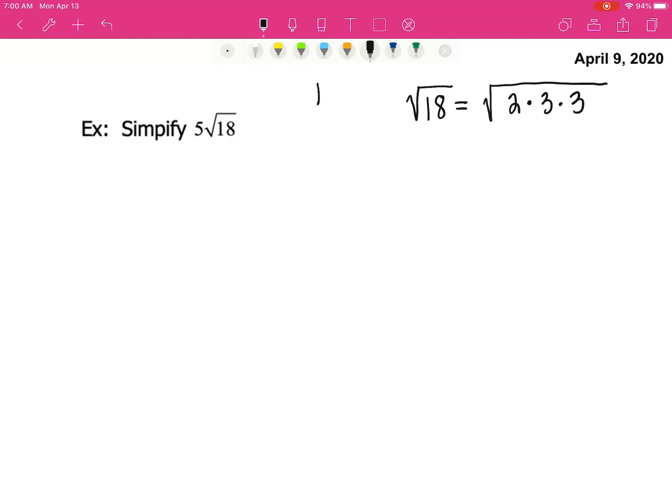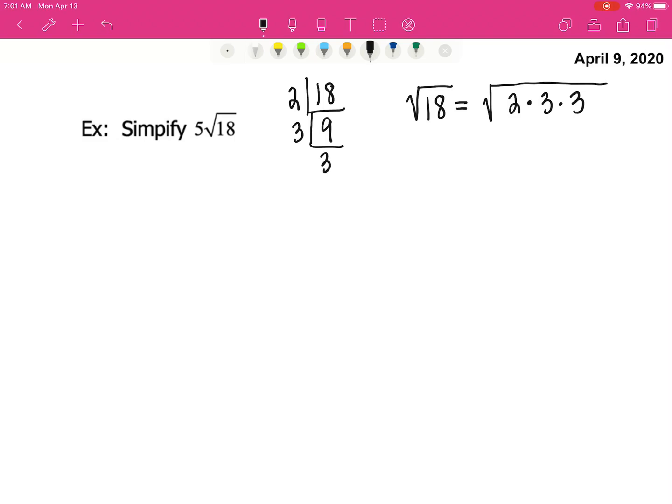Now, how did I know this so quickly? Well, I've broken down 18 enough times that I'm able to break it down in my head, but this is how I break down radicals. I use prime numbers. 2 is our first prime number. If 2 goes into the number, I'm going to check to see if 2 goes into that number again. 2 does not go into 9, therefore I'm going to use the next prime number, and the next prime number is 3.